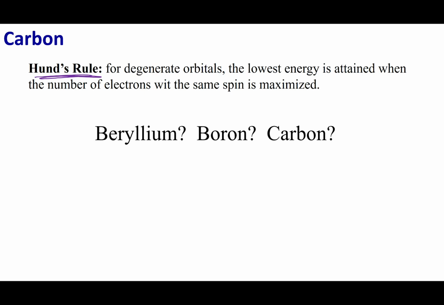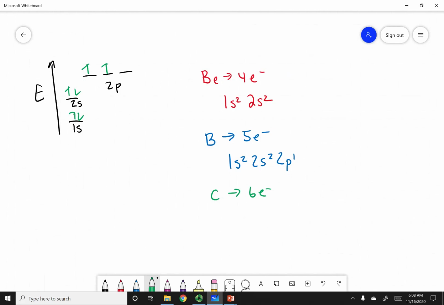When you have orbitals that are at the same energy, we can fill up every degenerate orbital first before we pair up. Now this should make sense to you guys. Remember, these orbitals are describing the location of where those electrons are.